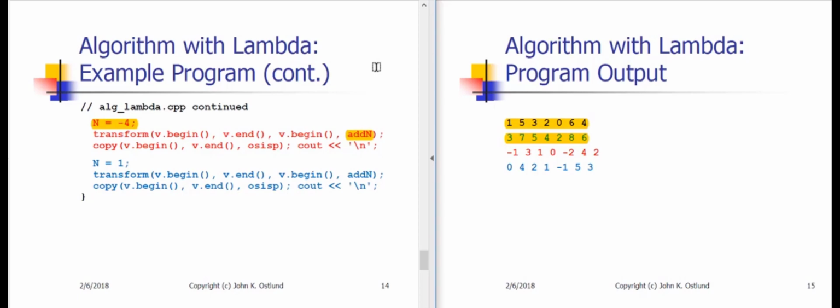And so now when I see my output from the red copy algorithm, sure enough, 3 minus 4 is -1, 7 minus 4 is 3, 5 minus 4 is 1, etc.